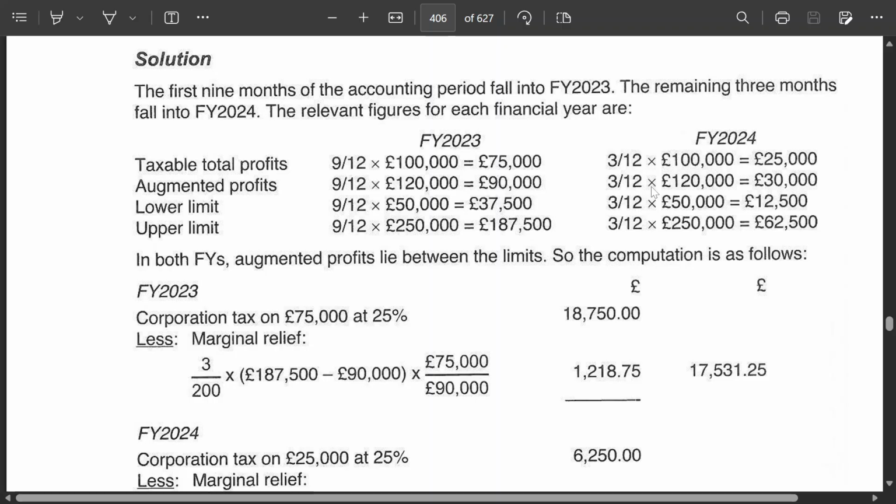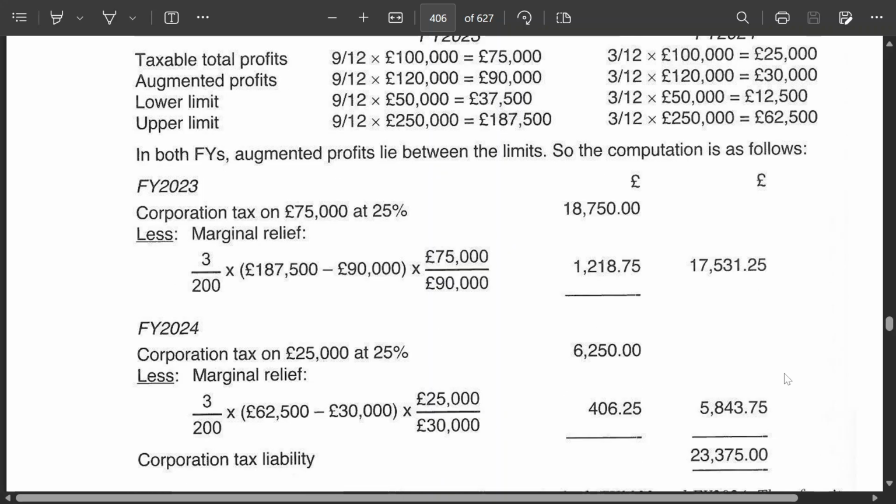Then we need an AP figure. The full AP is 120. So the prorated AP is this, and the upper and lower limits are these. Right? Now you have to compare 30,000 to the upper and lower limits. Well, it is falling between the two limits. So there will be marginal relief once again. So let's look at the calculation here. Hopefully everything fits here. Yeah, it does.